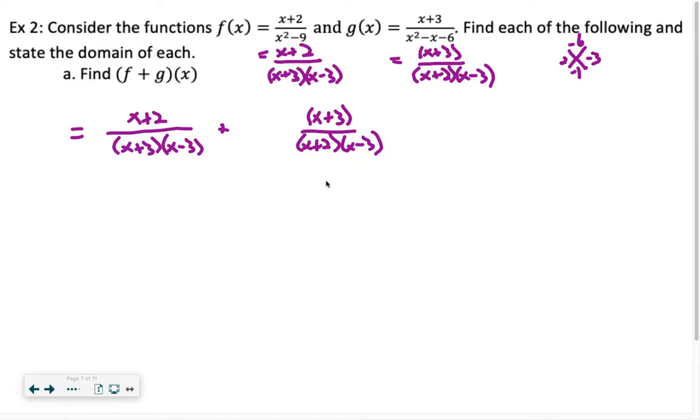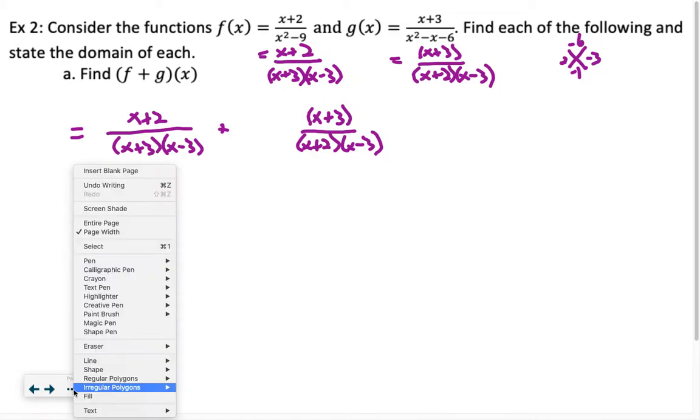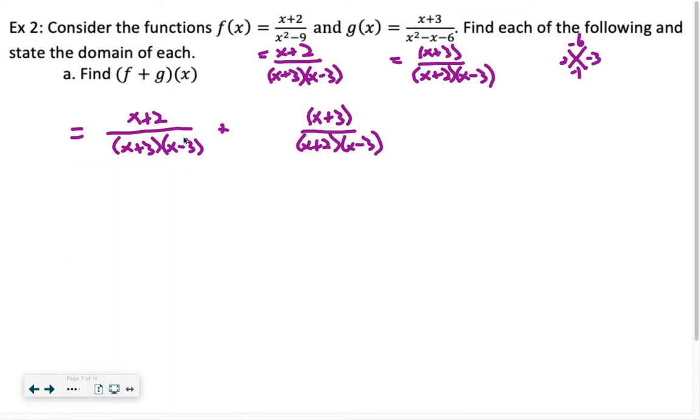Now, both of my denominators already have a factor of x minus 3. So, to get common denominators here, I just need to look at the other factor. I would need to multiply this by x plus 2 over x plus 2, and I would need to multiply this by x plus 3 over x plus 3.